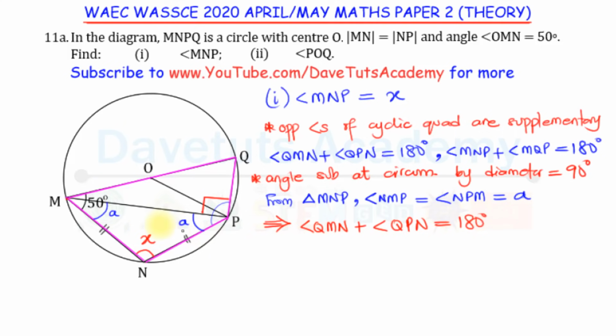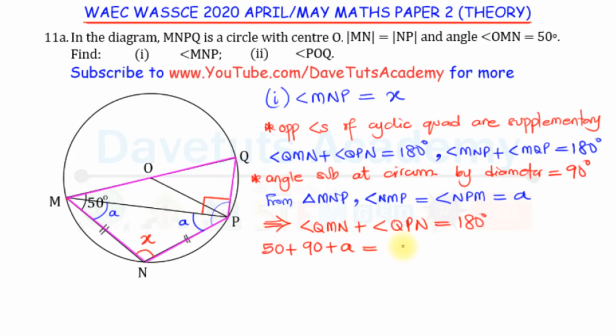Now, what is QMN? QMN will be given to be 50 plus QPN. Now, look at QPN. QPN happens to be this 90 plus this A. That's the beauty of what we need to actually apply here. 90 plus A, which is QPN. It is this right angle, this 90 degrees, plus this particular A here.